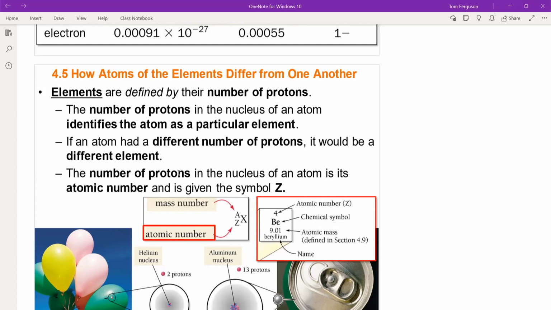We change one element into another. How do you think we do that? Yeah. The proton number changes. The proton number changes, the element changes. Electrons can come and go. Neutrons can come and go. But if protons change, the element is not the same.